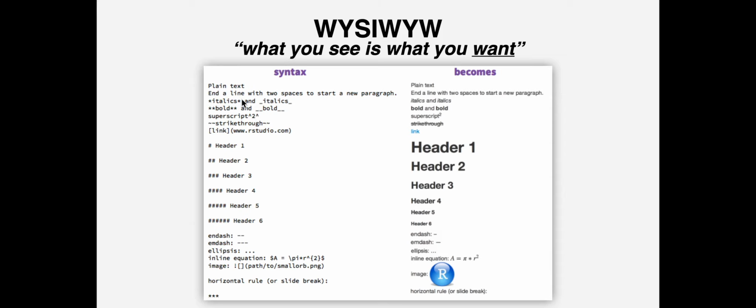I can make italics by putting an asterisk at each end of a word, or an underscore at each end of the word. And I can make bold by putting 2 asterisks or 2 underscores to give me this. Superscript is easy to indicate with 2 upper carets here to make something superscript, or strike through, or any number of simple ways to kind of structure a document.